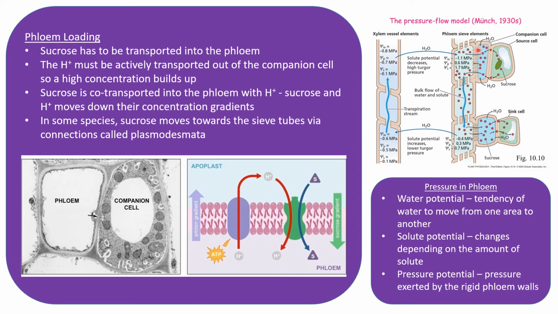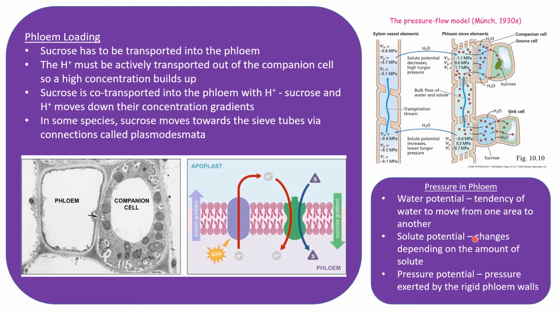If we have a look here, we've got your water potential. The water potential is the tendency of water to move from one area to another. Water will move from an area of higher water potential to lower water potential. The solute potential changes depending on the amount of solute. So obviously, if you've got more solute, you're going to have a higher solute potential.